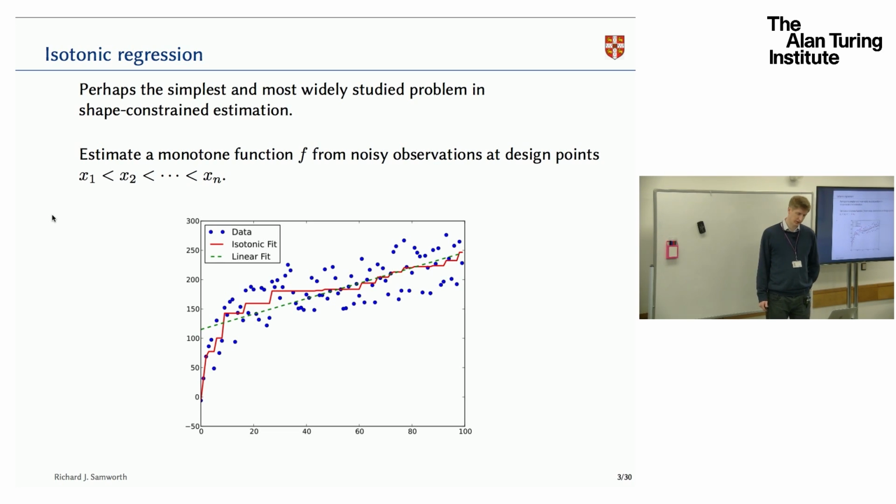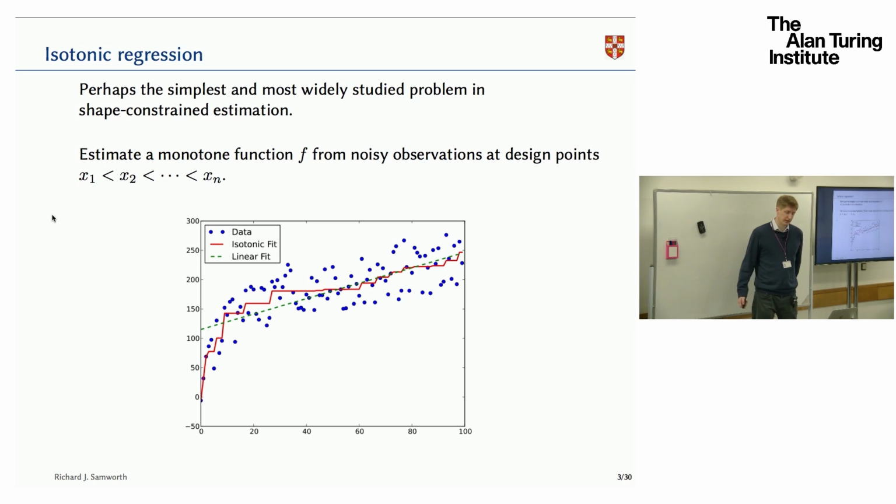But in the simplest version of this isotonic regression problem, we're simply trying to estimate a monotone regression function from noisy observations at an ordered set of design points. This project is not really motivated by one particular application area, but I think it's not too difficult to think of many different application areas where you can imagine it would be reasonable to model a mean response as a monotone function of one or more covariates.